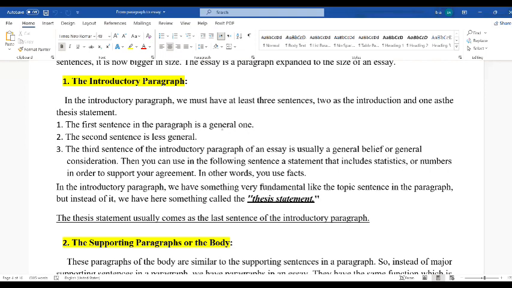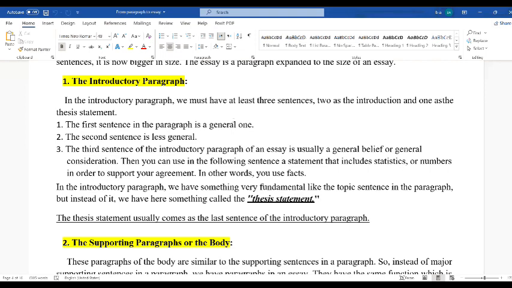The third sentence, which is the thesis statement, is more specific and more direct. But you can have, for example, four or five sentences in your introductory paragraph. Talking about at least, we have three sentences at least.